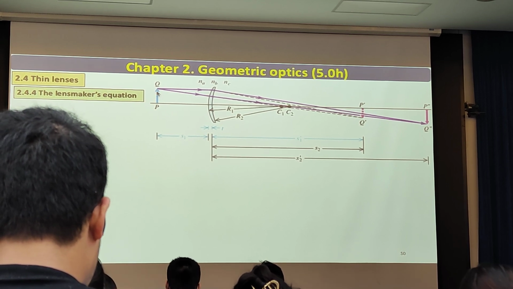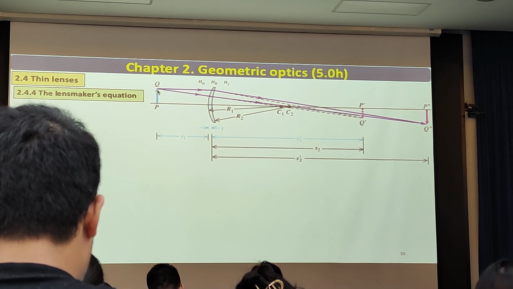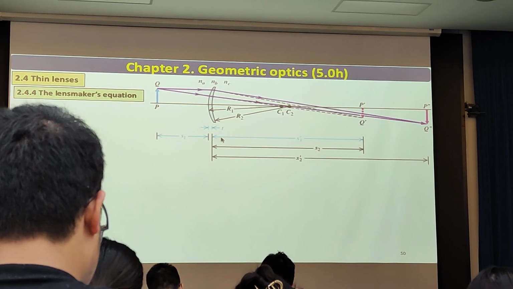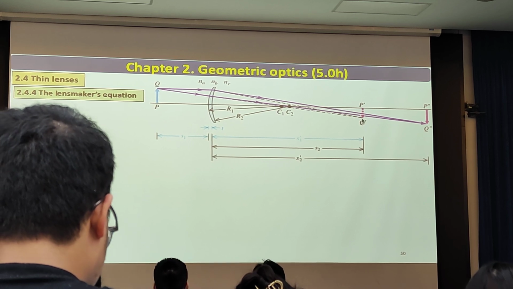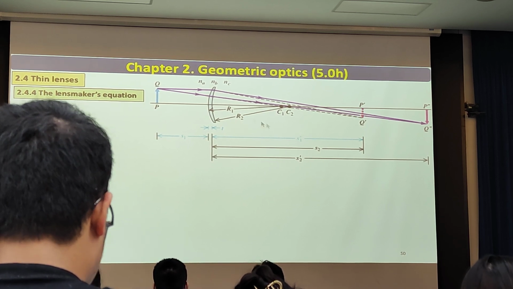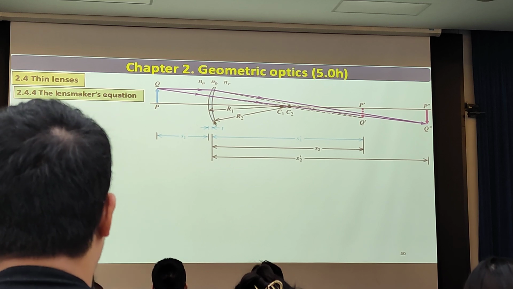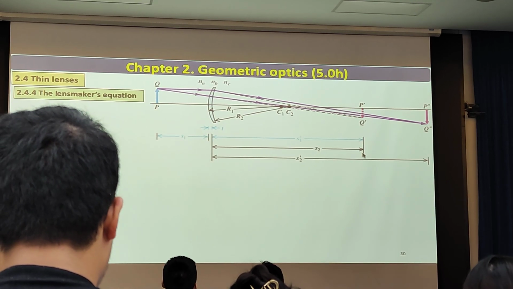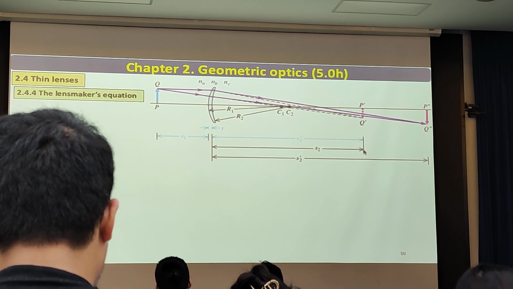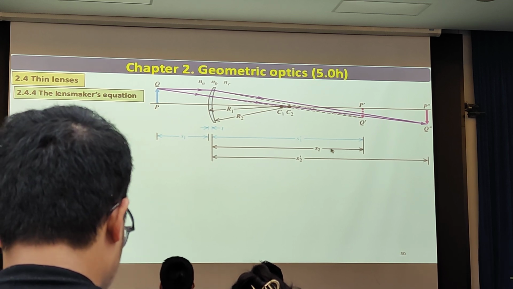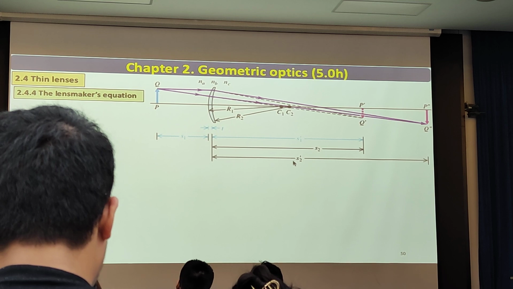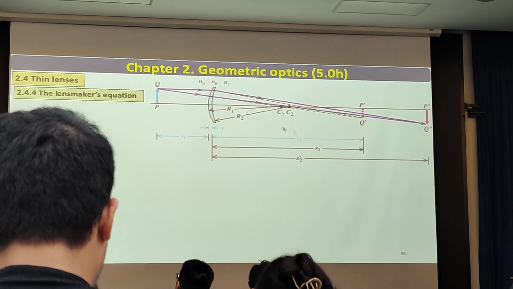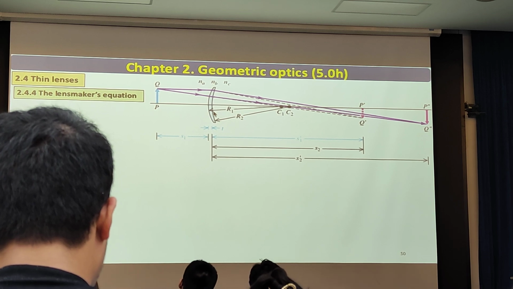So S1 is the object distance from the object to the first spherical surface, and S1 prime is from Q prime to the first surface. It is also the object for the second spherical surface, that's why you have S2. And here you have S2 prime, the image distance to the second spherical surface.